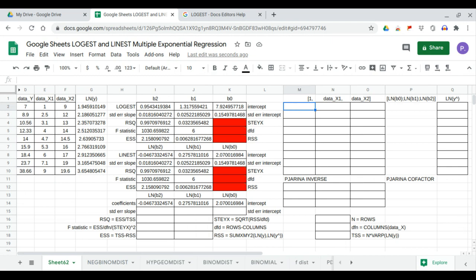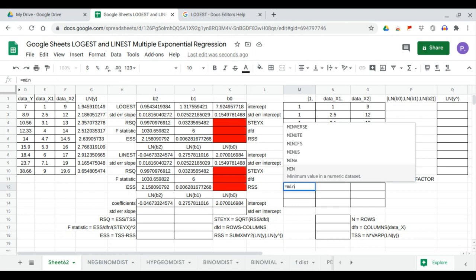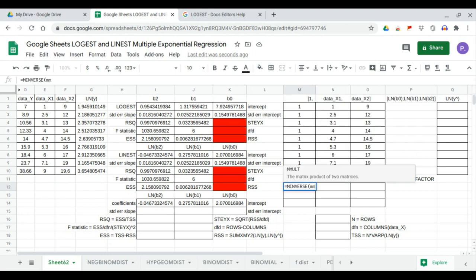So this is 1, and our x values will be array formula of these values. So we have the data x1 column and the data x2 column. We can now enter the pseudoinverse. So it is MINVERSE of MMULT of the transpose of the 1 comma x matrix and itself.